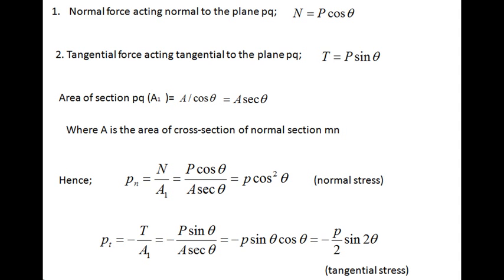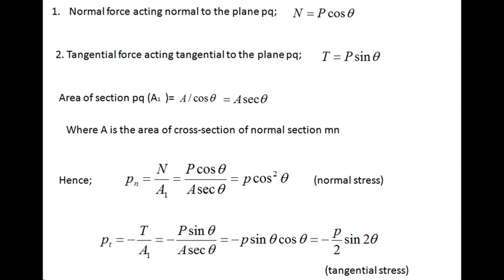So the normal stress p_n will be N by A1, which is equal to P cos theta by A sec theta. Simplifying, that is P by A cos square theta, which is equal to sigma cos square theta.